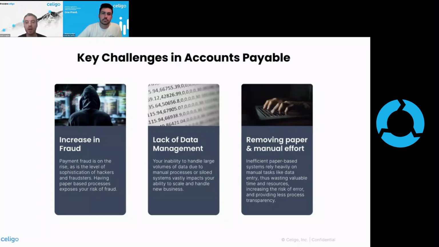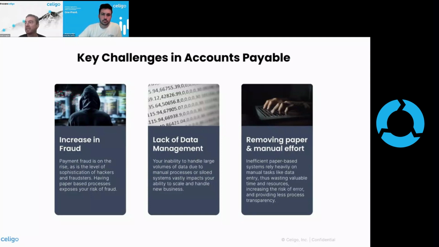So they're acquiring applications and point-to-point solutions as they scale up, and that really impacts their ability to handle the scale and handle the ability to service net new business.